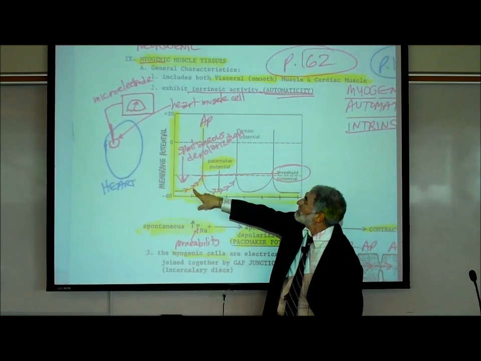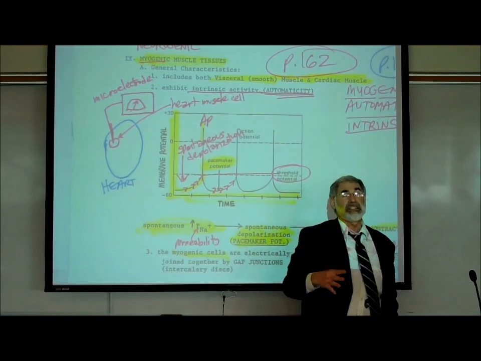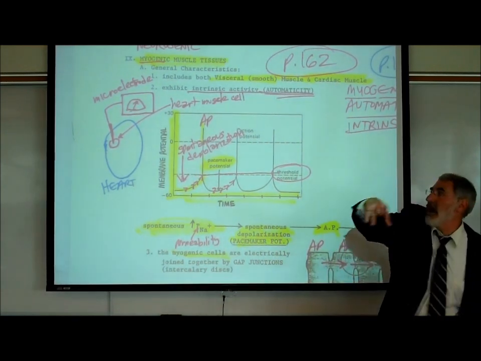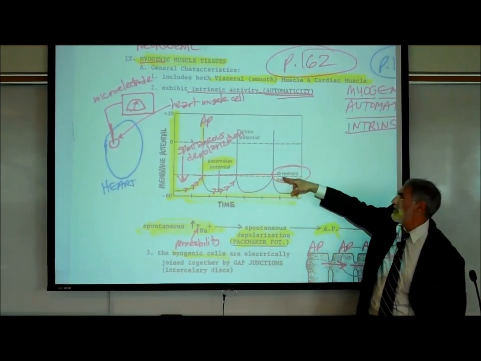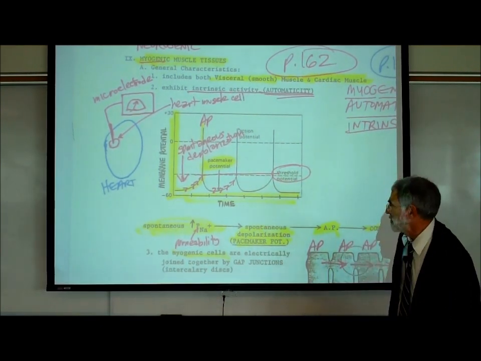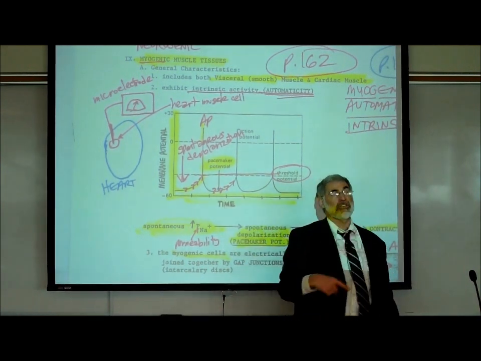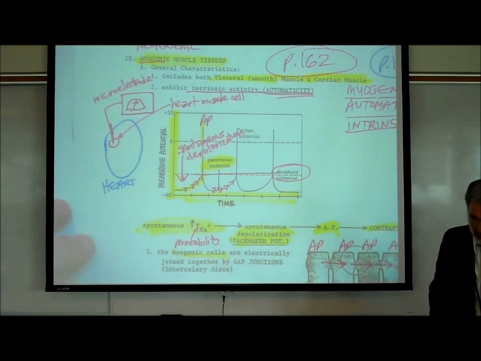And it shows that it spontaneously depolarizes. It spontaneously starts to depolarize, and when it depolarizes to the critical threshold level, there's no stopping it and it fires off an action potential. This is also known as a pacemaker potential, this spontaneous depolarization.